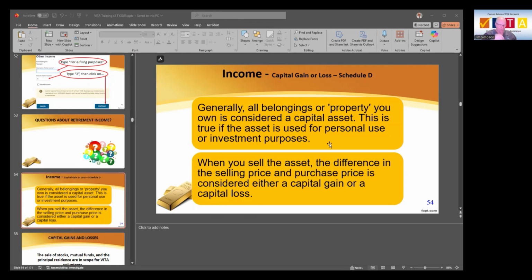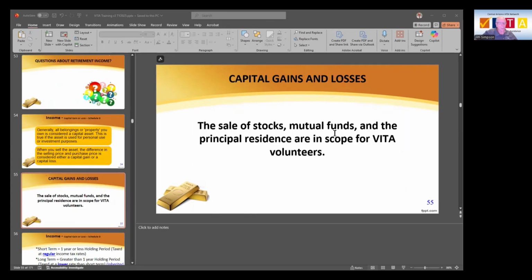This is true whether it's used for business use or personal use. So this would include your home, investments in stocks or bonds, any property that you own. Your car is a capital asset, right? Those are generally what we call capital assets.